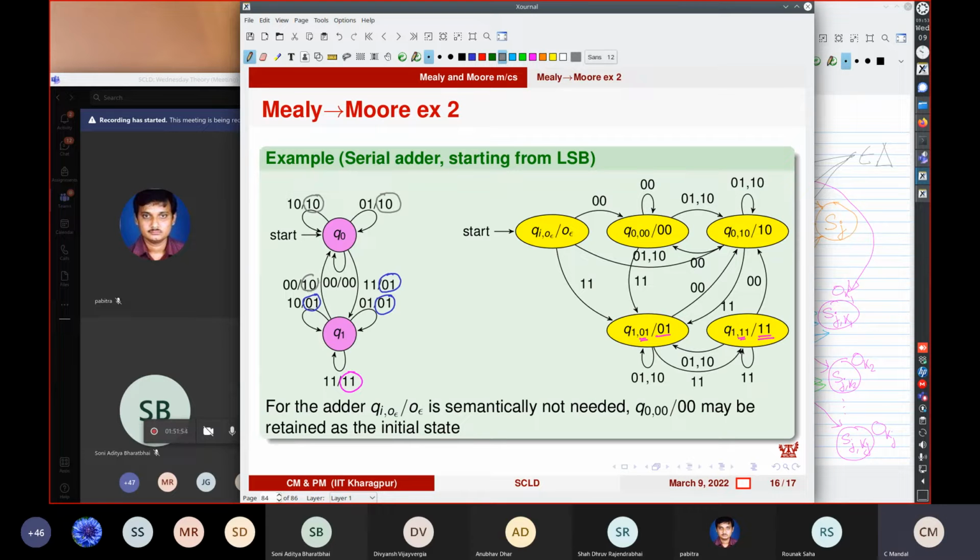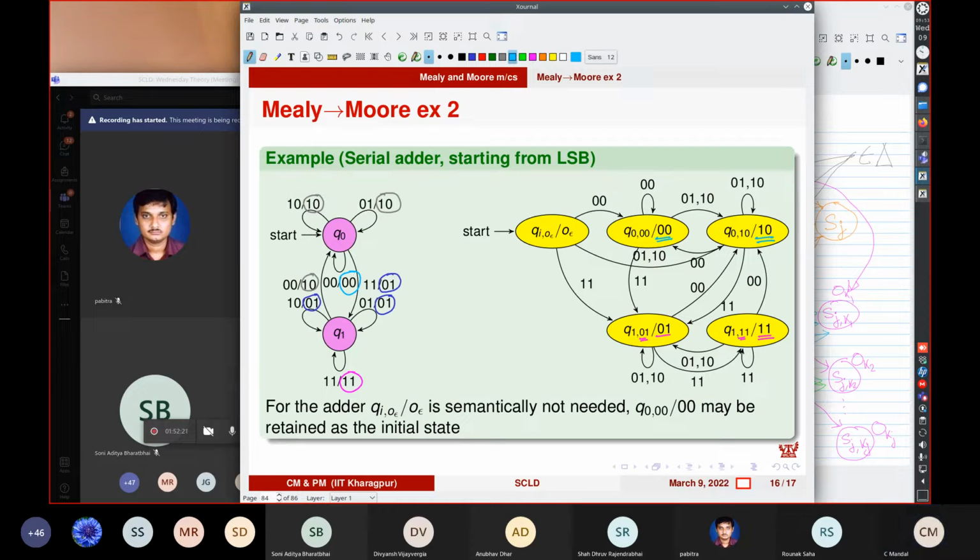This is 1, 0. And there's a different one, which is 0, 0. So accordingly, I've got two copies of Q0, where I have these outputs, one for 1, 0, another for 0, 0.